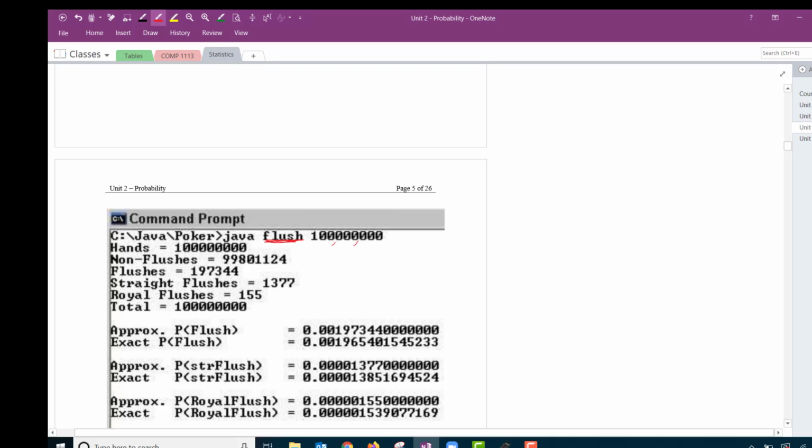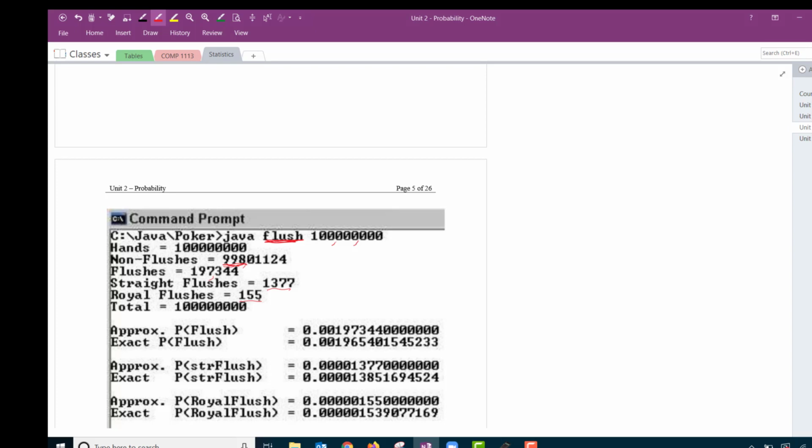So in my 100 million hands, my results were, I had 98 million that weren't flushes at all, 197,344 that were flushes. And I kept track of the straight and royal flushes just for fun. If you total those up, they do add up to the total number of hands. So it's sort of a way to error check myself.